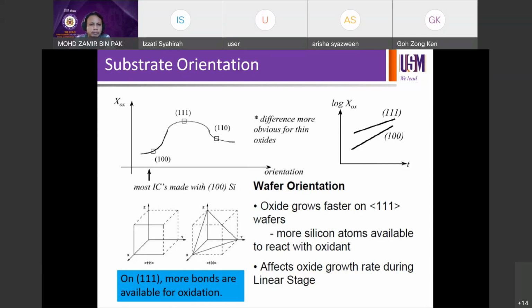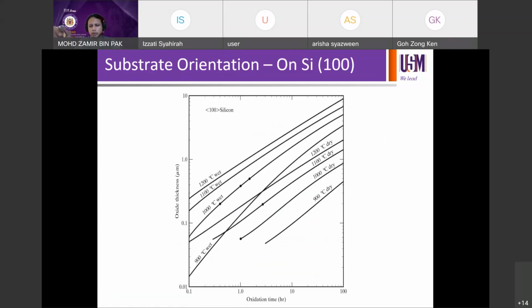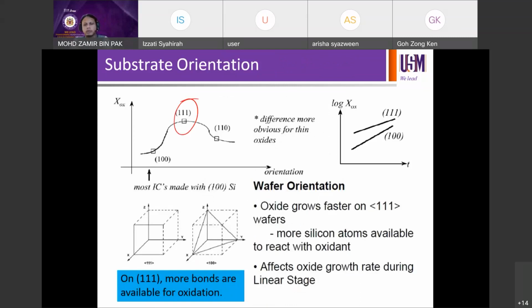If you compare the thickness of the oxide that we can grow against wafer orientation, and you put wafers with different orientations in the same furnace at the same temperature, going through the very same settings in the process, then you'll find that at the end of the process, the 111 wafer will produce the thickest oxide.